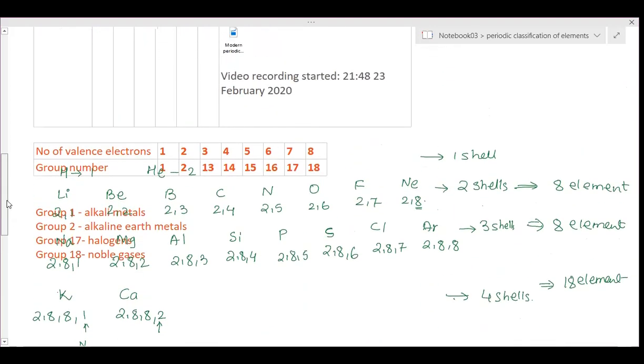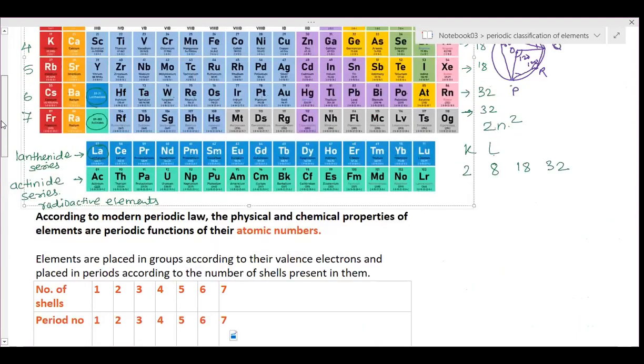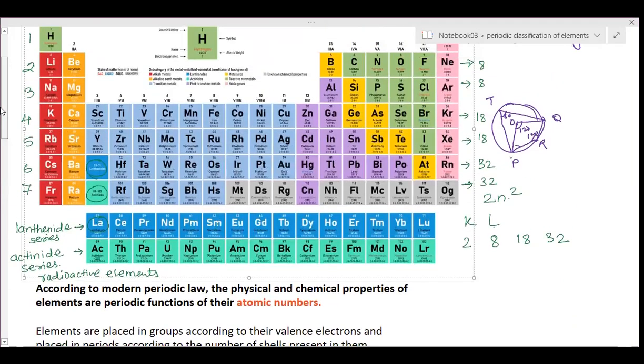That means for any element, if you want to find out its position, you have to find out the number of shells from the atom's electronic configuration. As many shells as the atom has, that is its period number, the position where it is placed. So rubidium has how many shells? 5 shells.